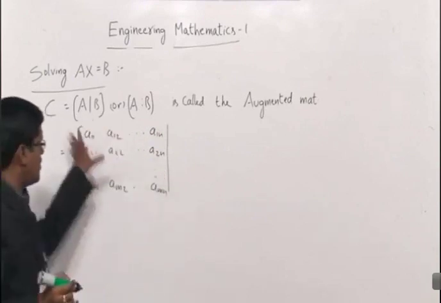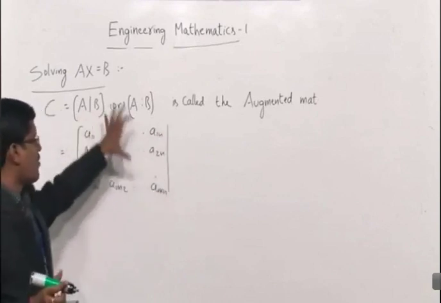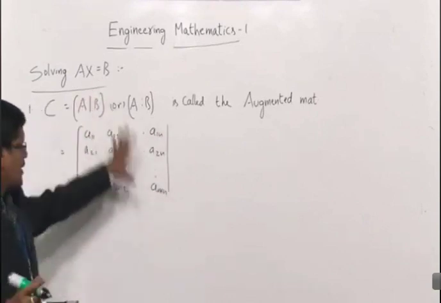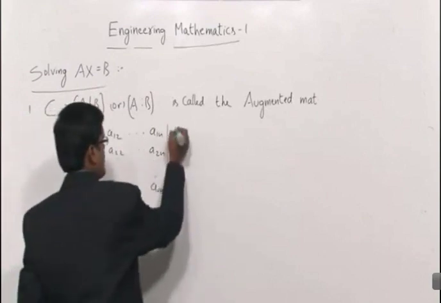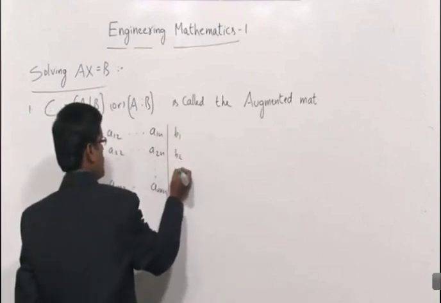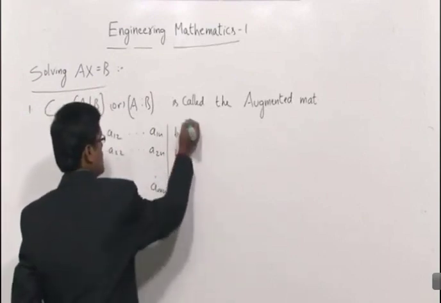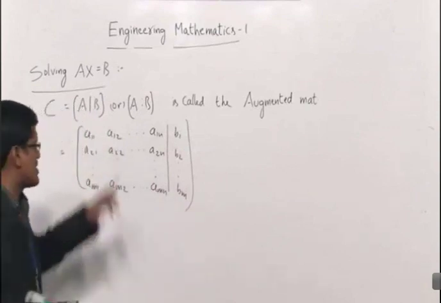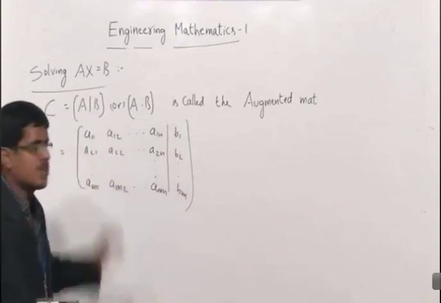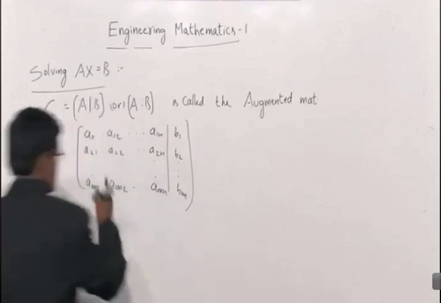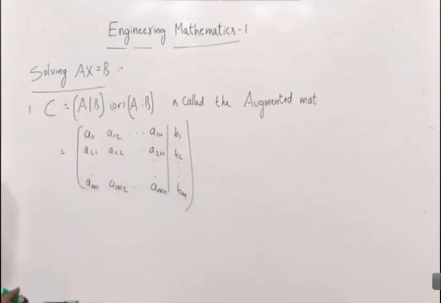What are these elements left of this line? They are the coefficients of all the given equations on the left side, mn elements. On the right side, b1, b2, and so on, bm. This m stands for the number of equations, n stands for the number of unknowns or variables of the equations. This is the matrix.